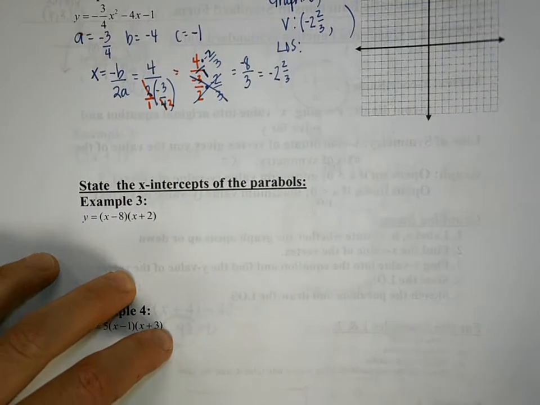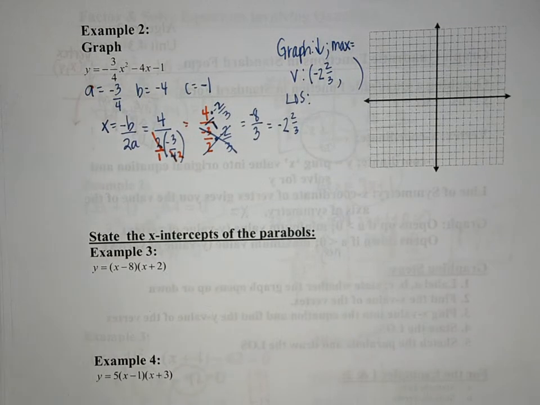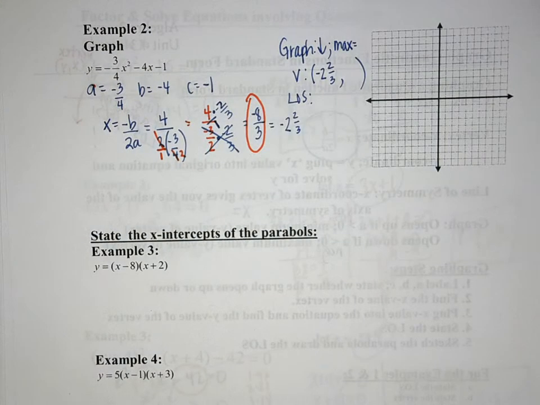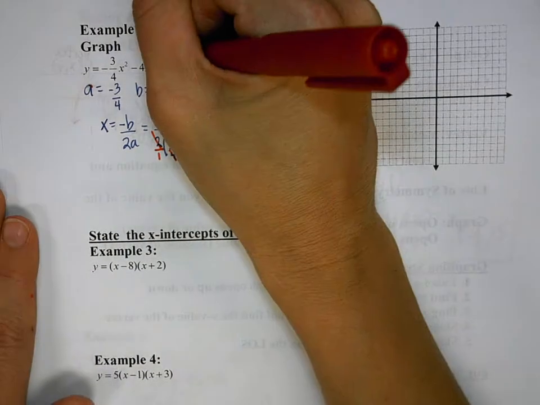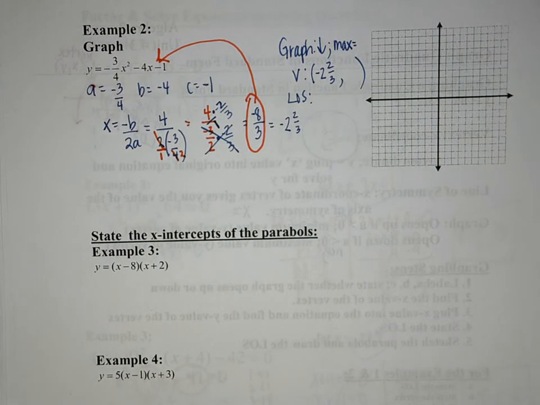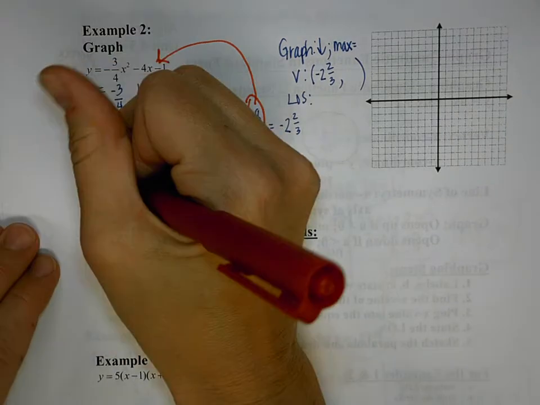But when you're finding the y value of the vertex, you don't want a mixed number. Okay? So you want to take this value and plug that into your original equation to find the y value. Okay, now this is the part where I feel like it gets a little bit more confusing because of the fractions, but you guys can do this, okay?